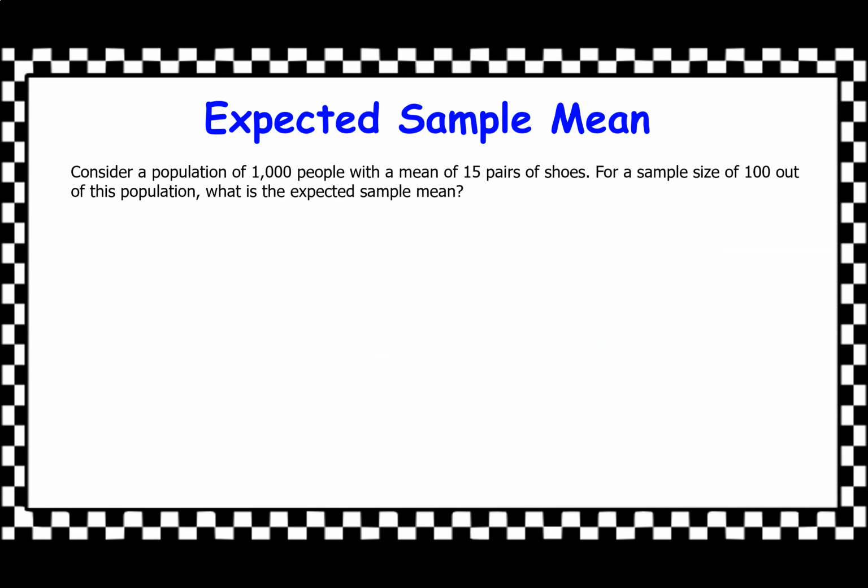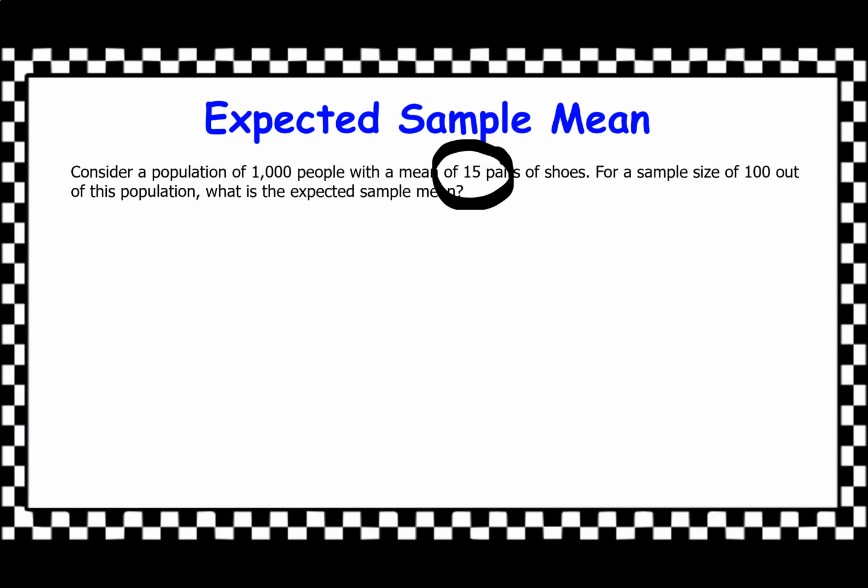Okay, here's our first question. Consider a population of 1,000 people with a mean of 15 pairs of shoes. For a sample size of 100 out of this population, what is the expected sample mean? This question looks hard, but it tells you that the population has a mean of 15.